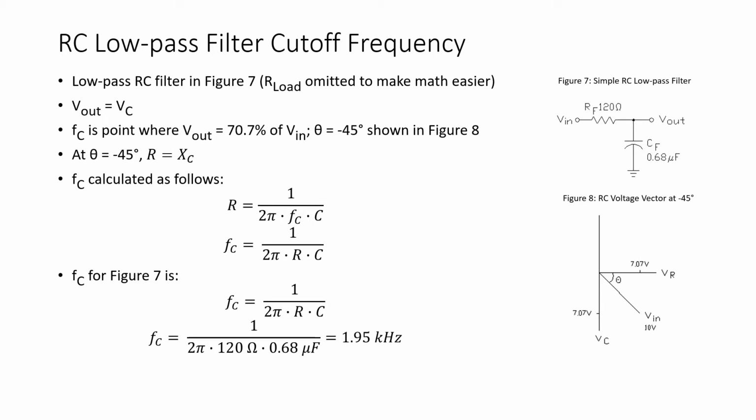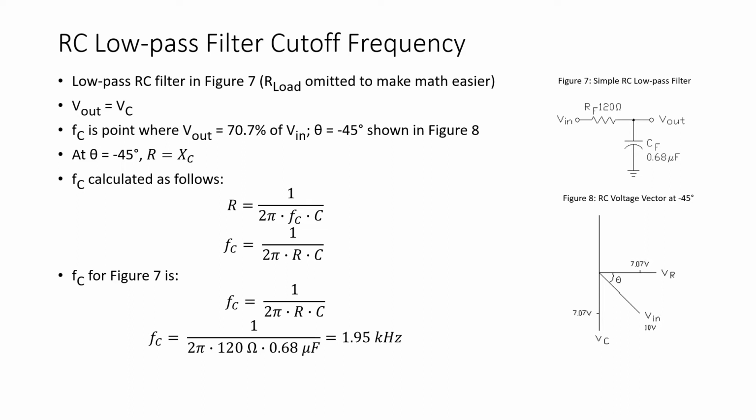And recalling from our discussions of series RC circuits, when the phase angle is negative 45 degrees, the resistance equals the capacitive reactance. So by setting R equal to X sub C, I can calculate the cutoff frequency by setting R equal to 1 over 2 pi times F sub C times C. And I rearrange the equation to solve for F sub C, and I get that the cutoff frequency equals 1 over 2 pi RC.